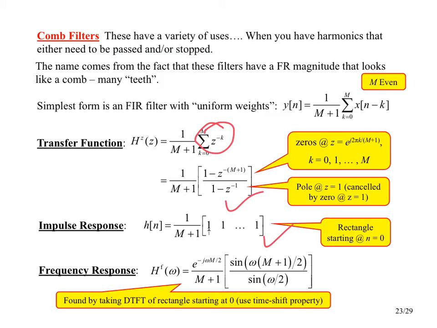And this thing looks kind of like a sinc function. It's not exactly a sinc function, but it's what I call a discrete time sinc function, and we'll see what it looks like on the next slide.